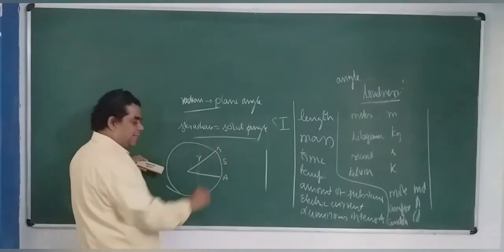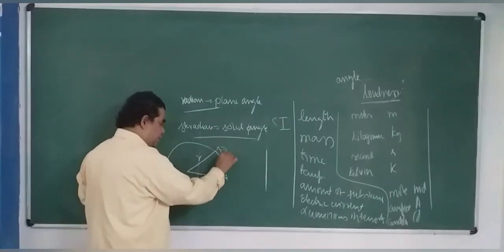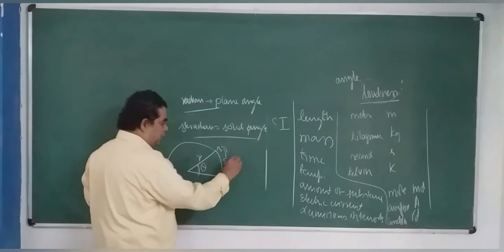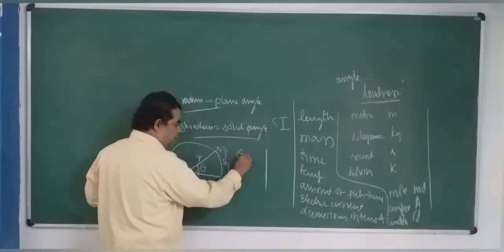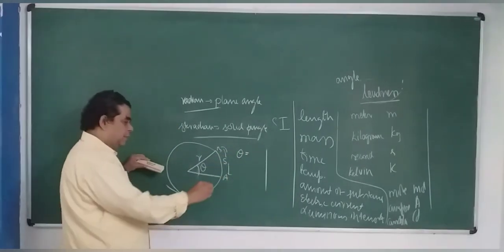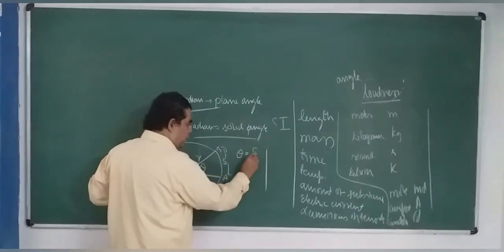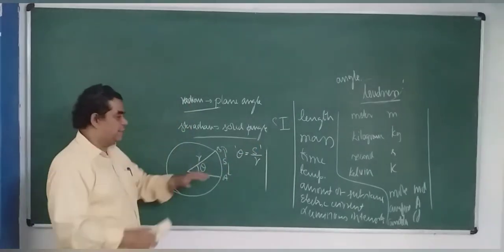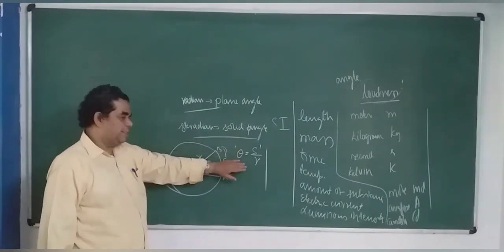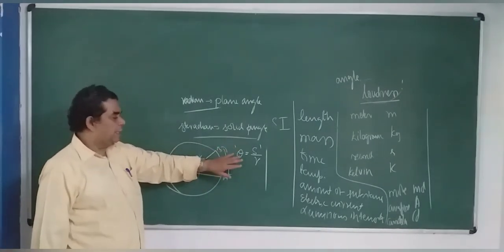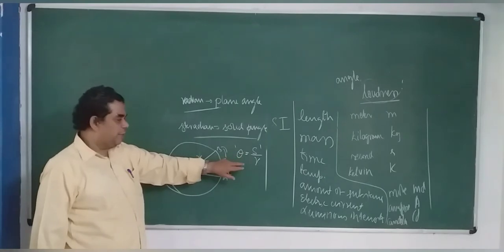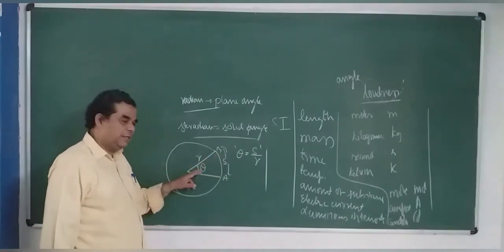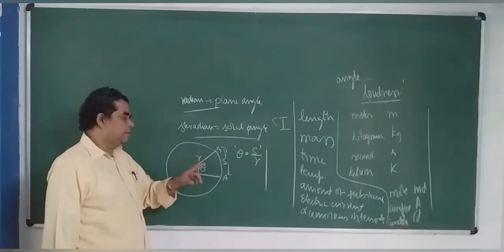If the arc length AB is S, and this is the angle theta, then the angle is defined as the ratio of arc length to the radius. This is how the angle is defined in the SI system, as a supplementary or auxiliary unit. That is, angle is arc length divided by the radius.